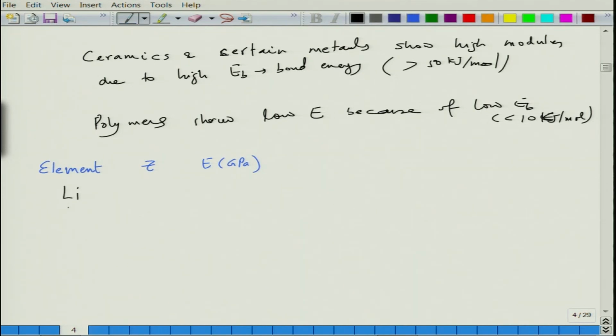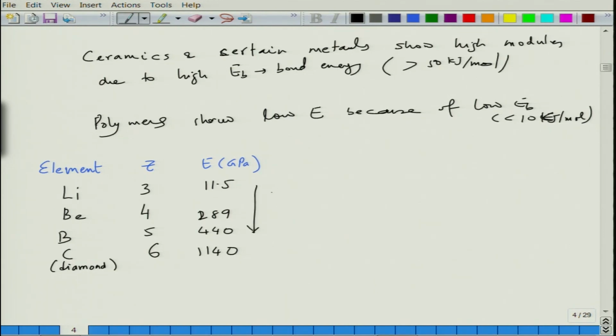Let us say lithium, beryllium, boron and carbon, going in a row from left to right: 3, 4, 5 and 6, and the values change from 11.5 to 289 to 440 to 1140, and this is diamond basically. So, you can see that the bond strength increases and the modulus goes up.